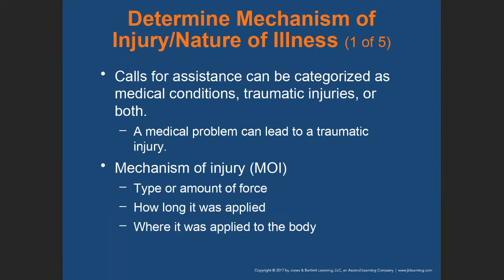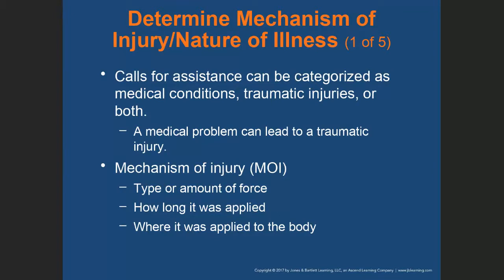So when forces are applied to the body, if the body is not able to spread that force out or dissipate that force, the force becomes more concentrated, and then it results in soft tissue injury. So the better the body is able to spread force out, the less damage will occur.